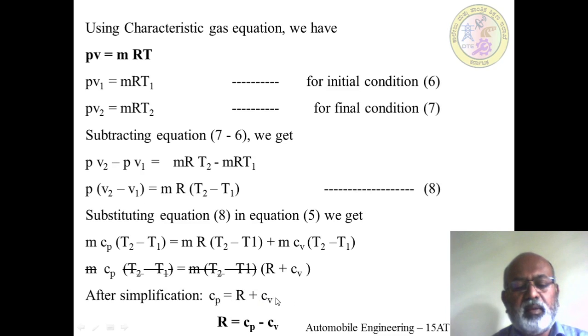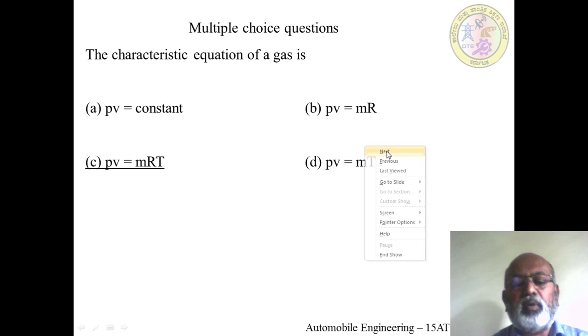If you simplify, R remains, and when Cv goes to the other side it becomes minus Cv, just reversing LHS and RHS. So R is equal to Cp − Cv. This is the equation we have found.